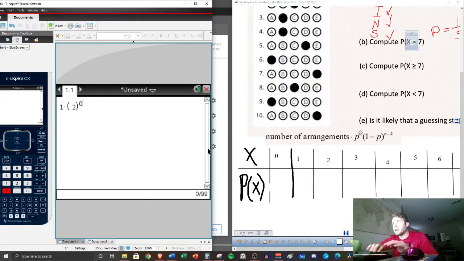Well, we want 0 successes times, we have 1 minus P, so that's 1 minus 0.2 to the N minus K. N is the number of trials, so it's 10 minus number of successes, 0. So we hit enter. There's our probability.